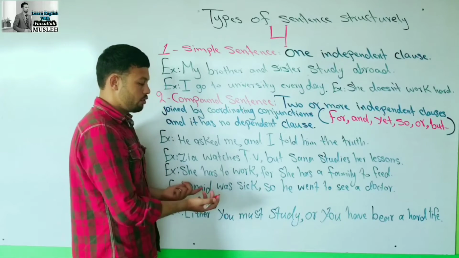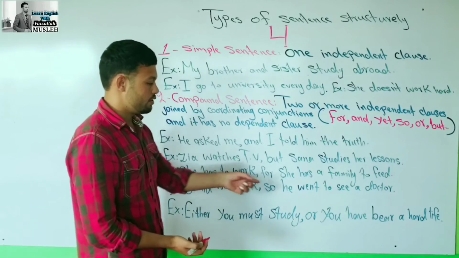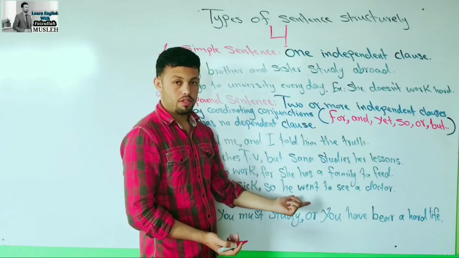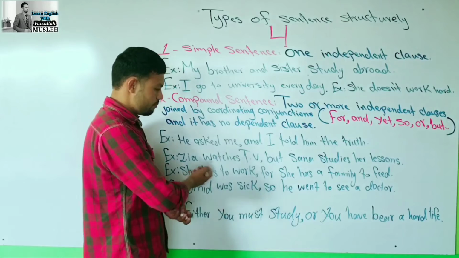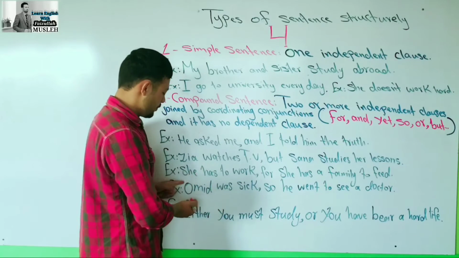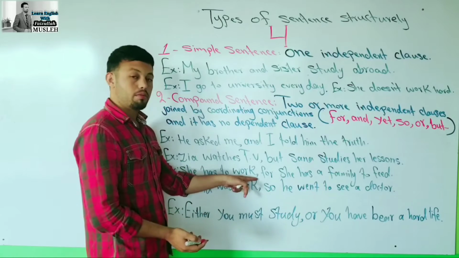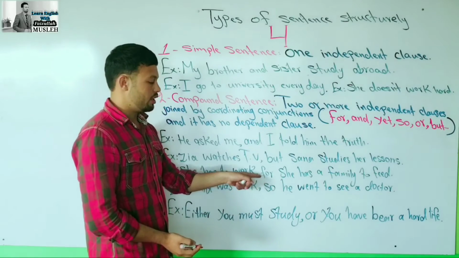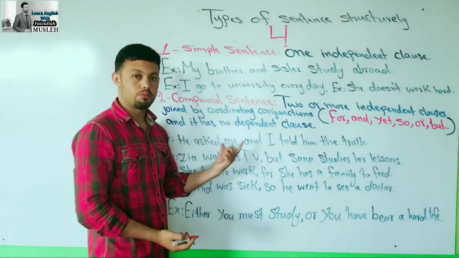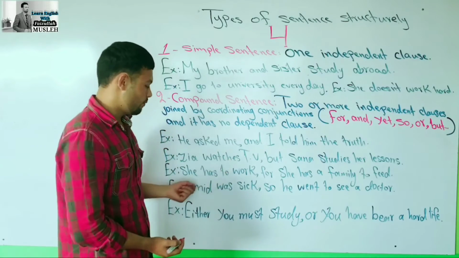If I say she has to work, it's a complete sentence. She has a family to feed, so this is another sentence. And remember, if you use a comma before coordinating conjunctions, your English will sound stronger.